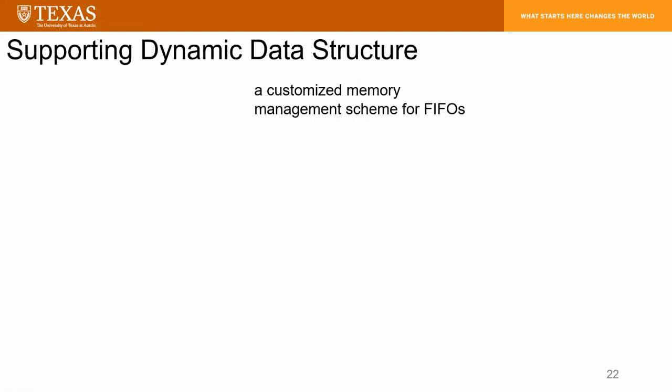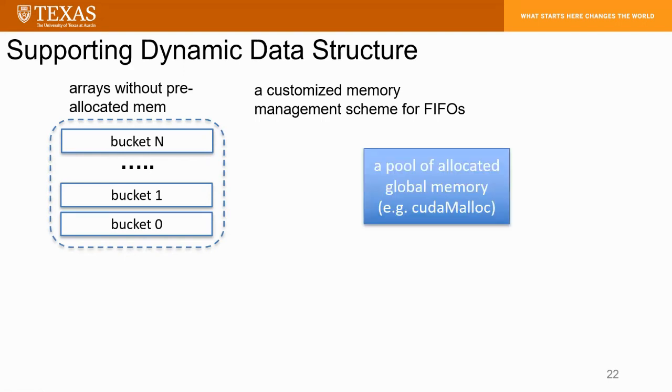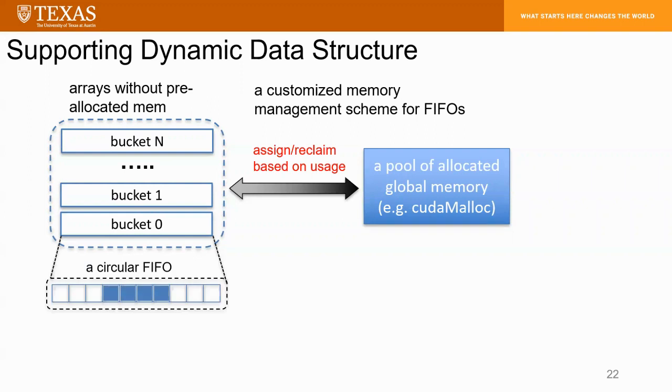To support the dynamic data structure, our key idea is to use a customized memory management scheme for FIFOs. Here's how it works. Each bucket is an array without pre-allocated memory. And we have a single pool of allocated memory shared between those buckets. So our goal is basically to reclaim and assign blocks of memory based on actual bucket usage.